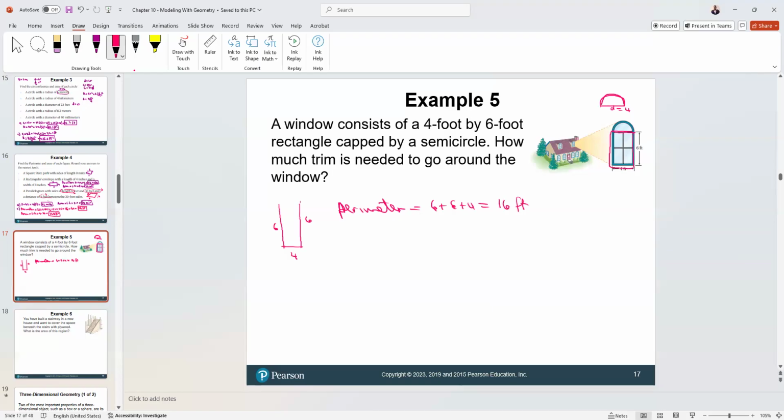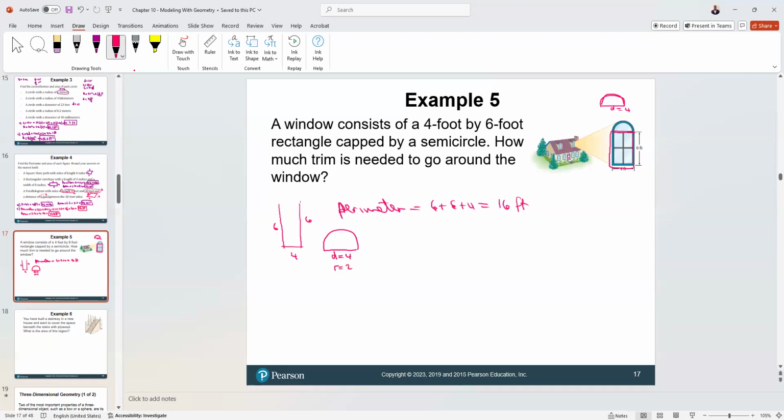So the perimeter of the semicircle cap is half of its circumference. Remember, for the other parts, we know d is 4, or if you want, you can say r would be 2.